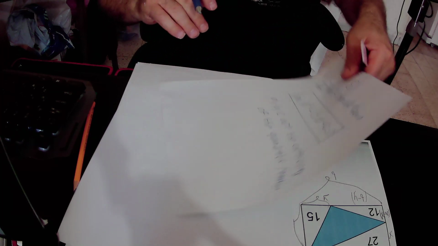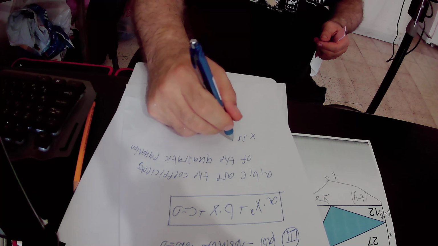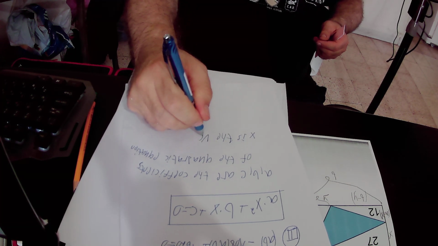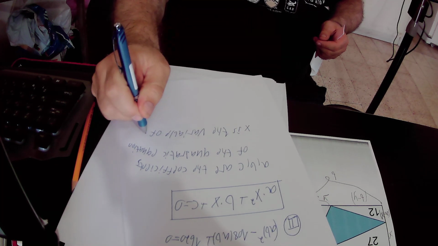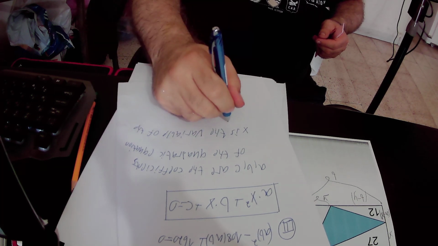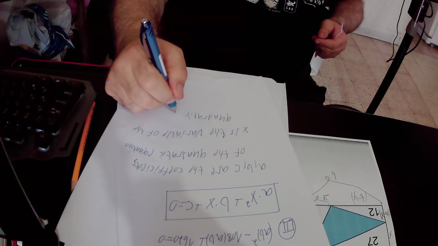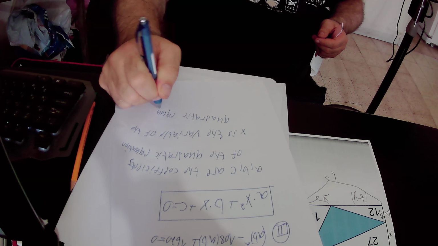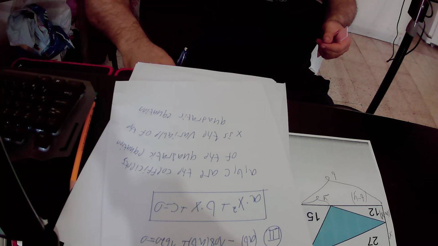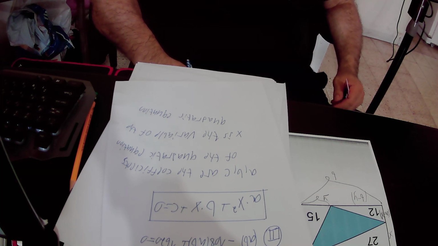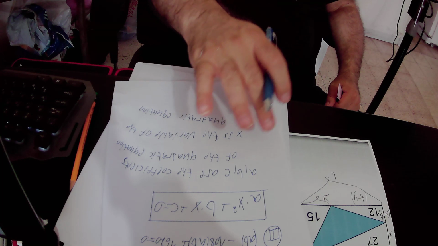So we write it down that x is the variable of the quadratic equation, and we usually want to find the value of x, and the values of x are the roots of this quadratic equation.